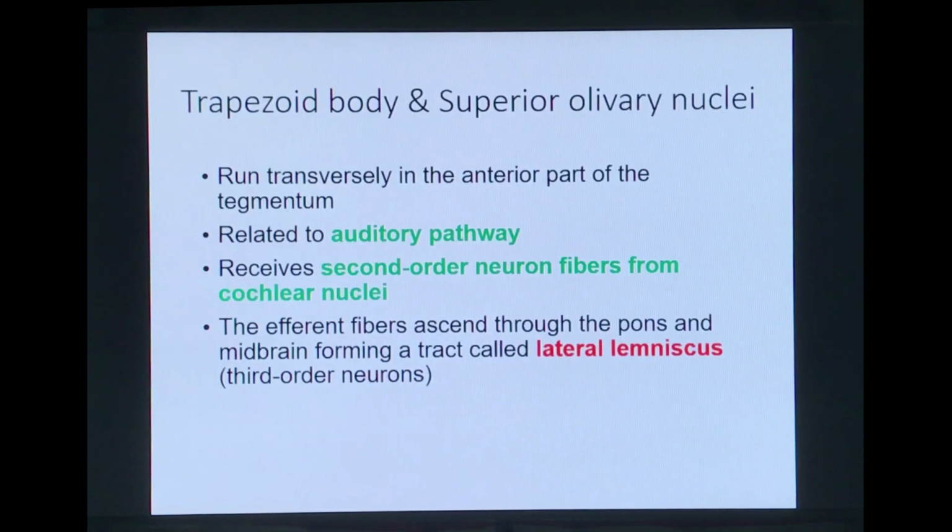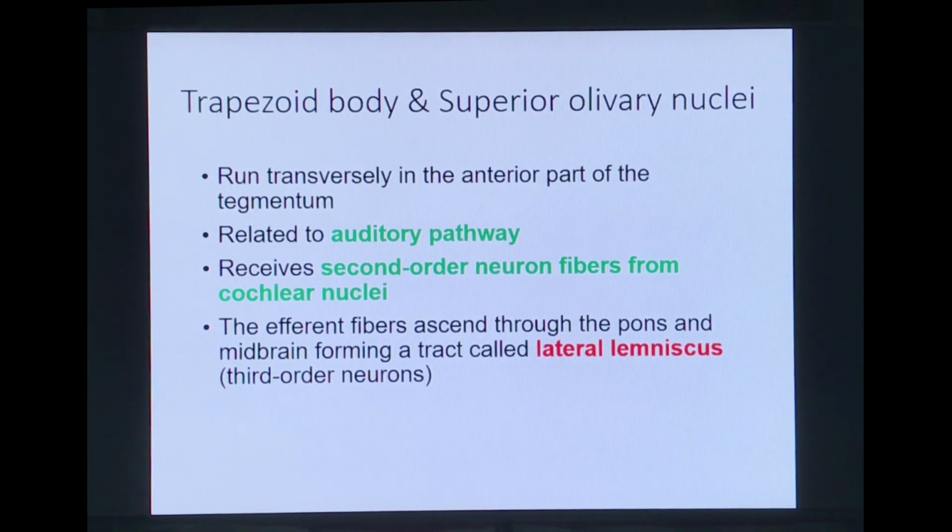From the cochlear nuclei, the second order neuron arises. Those fibers from the cochlear nuclei come to the trapezoid body and superior olivary nuclei. They receive second order neuron fibers from the cochlear nuclei, and from the trapezoid body, the third order neuron arises.